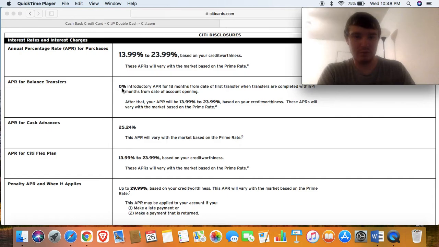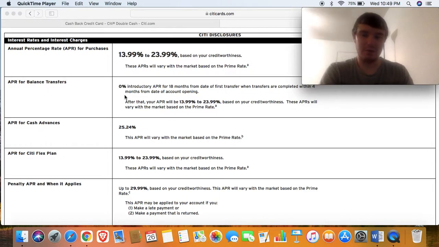Now, some cards will do something like this. They'll give you what's called an introductory APR. Basically, they're incentivizing you to move your debt over to their card so that they can have your debt, and they're giving you an incentive to do so. In this case, with the Citi Double Cash, their incentive is 0% introductory APR for 18 months from the date of first transfer.